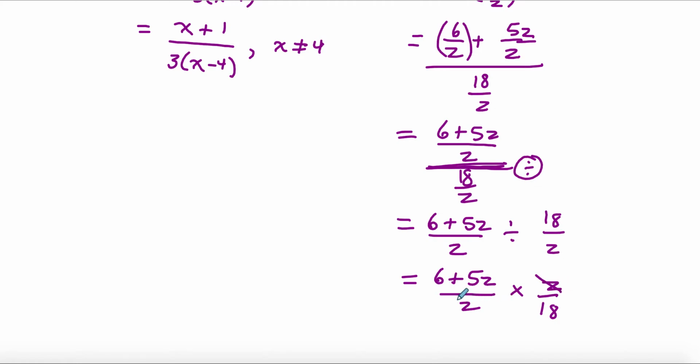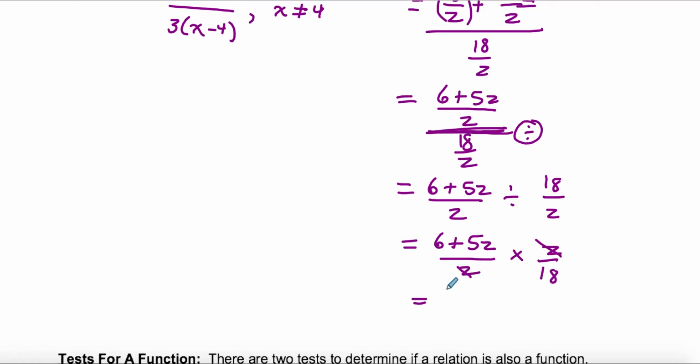And my z's actually cancel each other out. So I end up with 6 plus 5z over 18. And I do know that here I had restrictions in the denominators, not in the numerator. So I know that z can't equal 0.